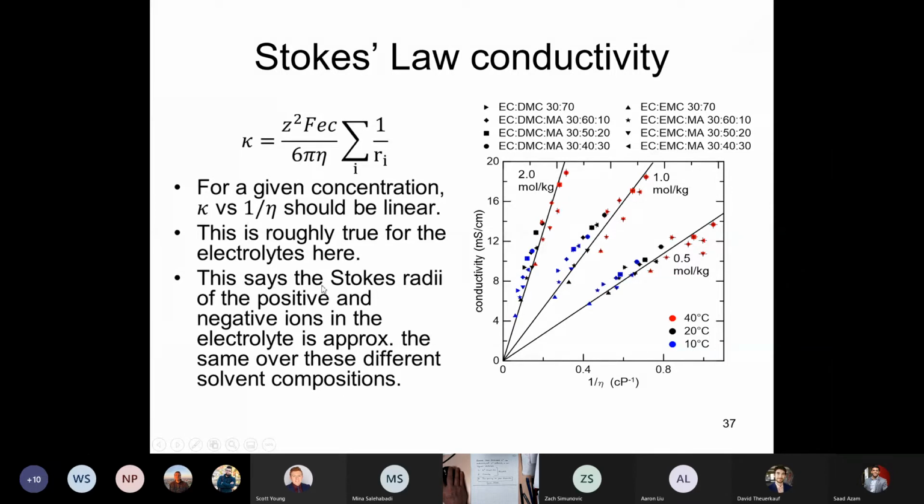And the take-home message is the Stokes radii for the positive and negative ions in the electrolyte is approximately the same over these solvent compositions. So very simple expressions describe how conductivity varies with viscosity, and we'll see in a moment how it varies with concentration too.